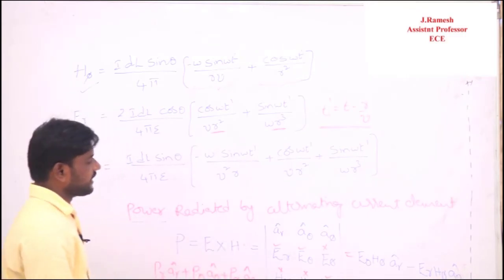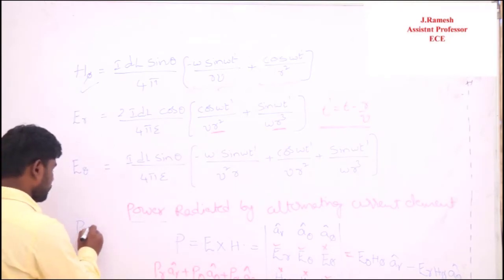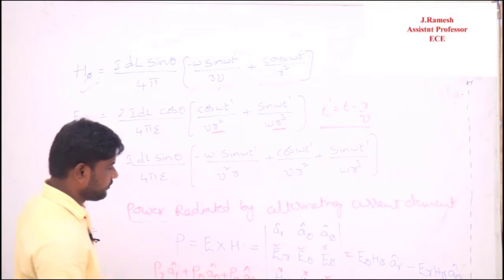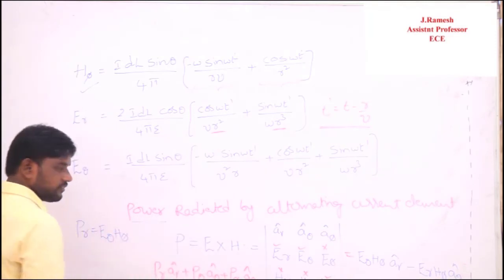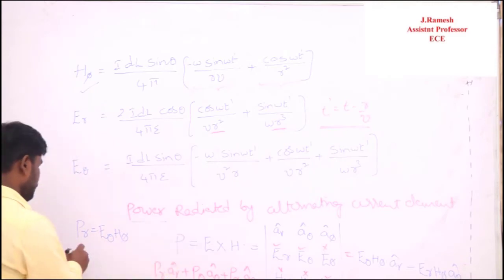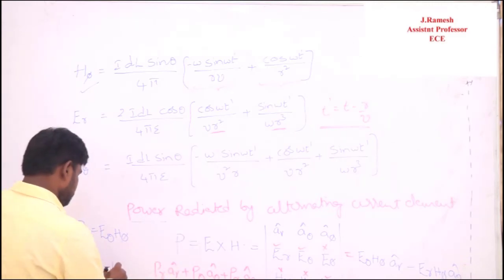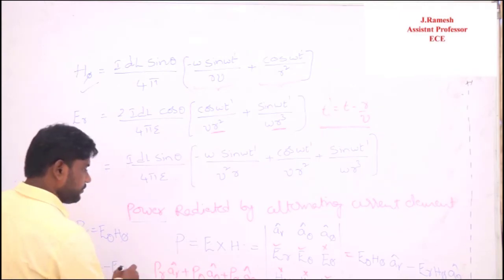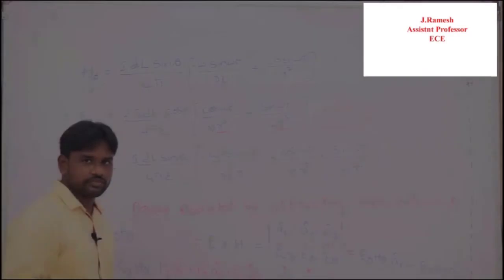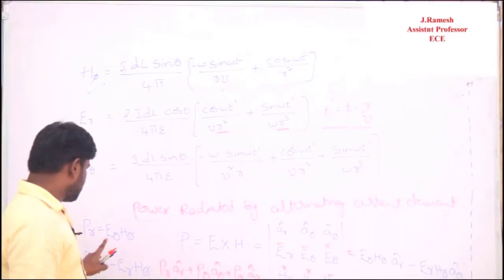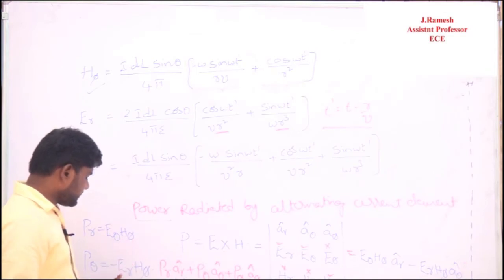So from this I can write my PR is equal to E theta into H pi, and the second one is P theta is equal to minus ER into H pi.